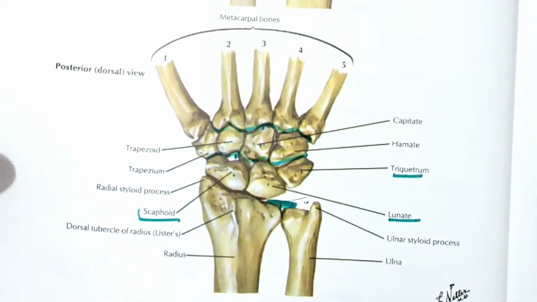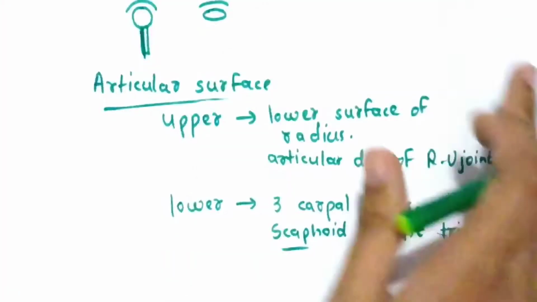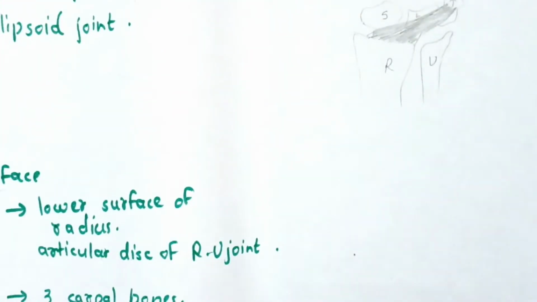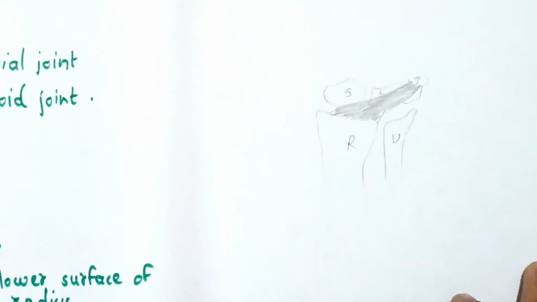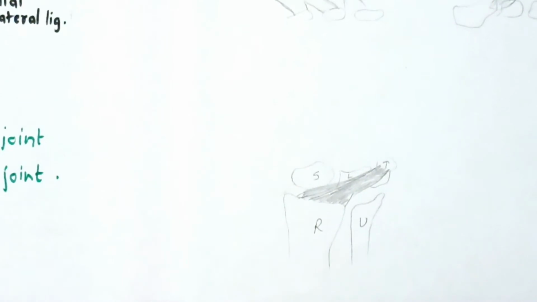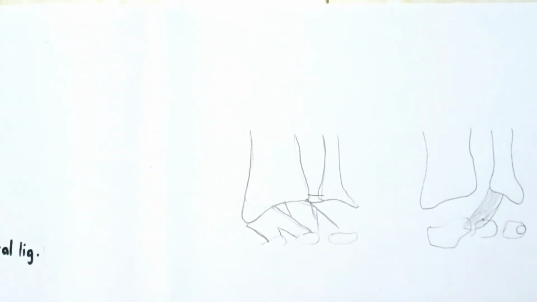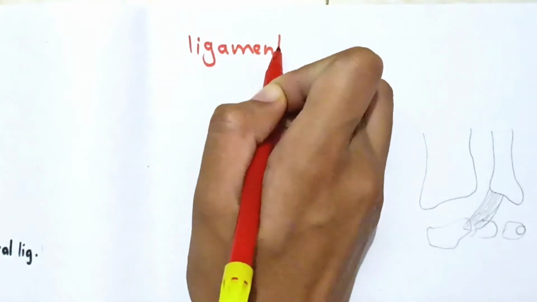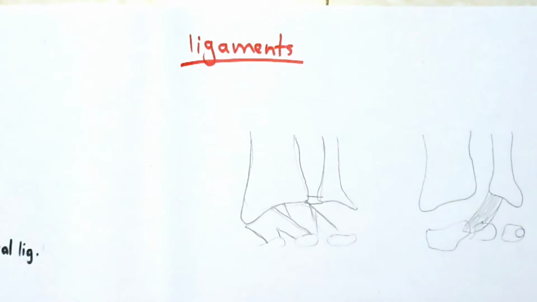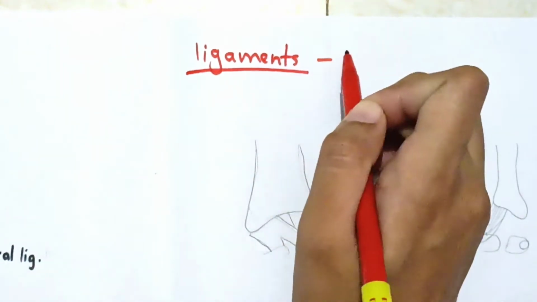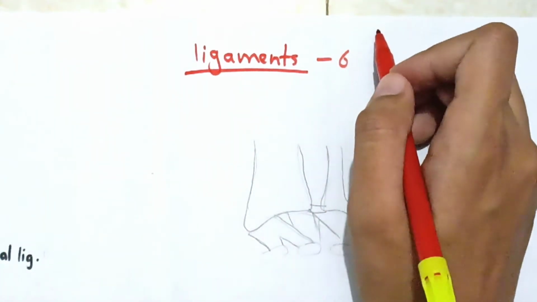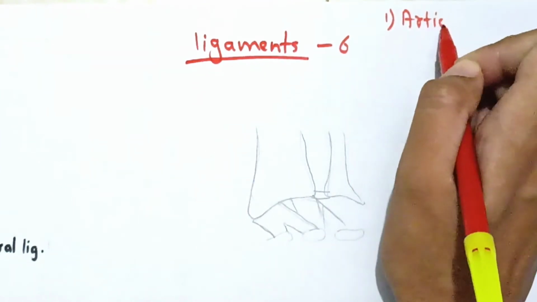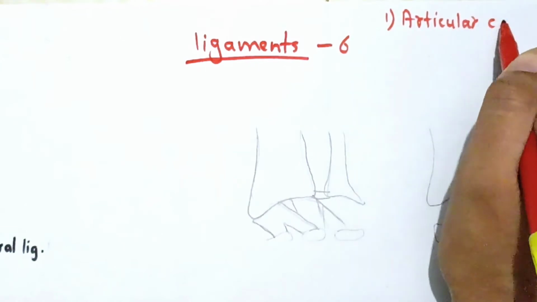Now let's see the ligaments. We have 6 ligaments in total. Let's name them first. The first one is the articular capsule.